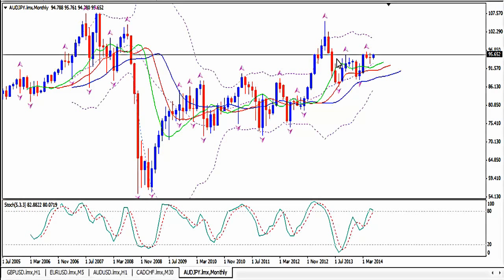I use fractals, one of Bill Williams' indicators. They show me the temporary support and resistance levels. In conjunction with Bollinger Bands, they give us a lot of useful information. The next tool I'm using is Alligator.